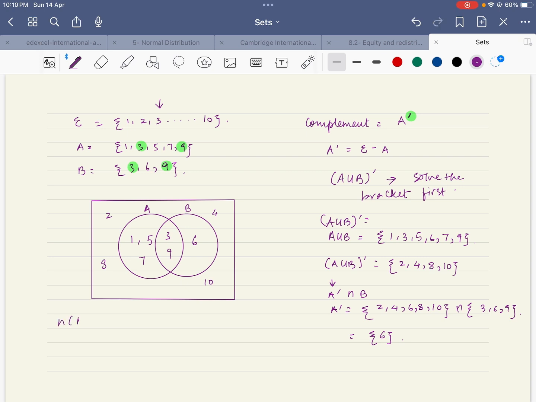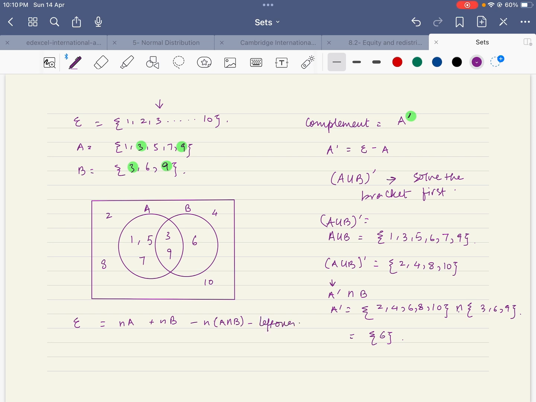Number of elements of A union B, or you can write total number in a universal set, is equal to number of elements of A plus number of elements of B minus number of elements of A intersection B plus everything which is left over.